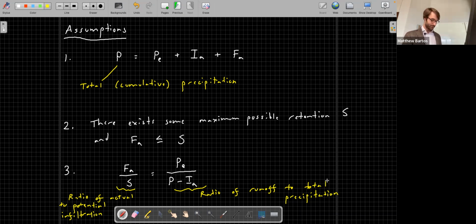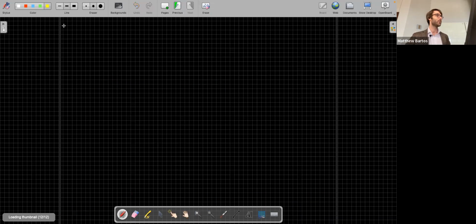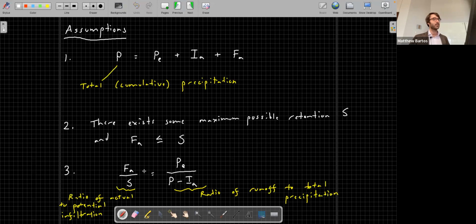Any questions? Okay, cool. So combining the equation from 1 and the equation from 3, we can formulate an equation for the excess precipitation. If we take a look at equation 3, we note from equation 1 that FA is equal to P minus PE minus IA.